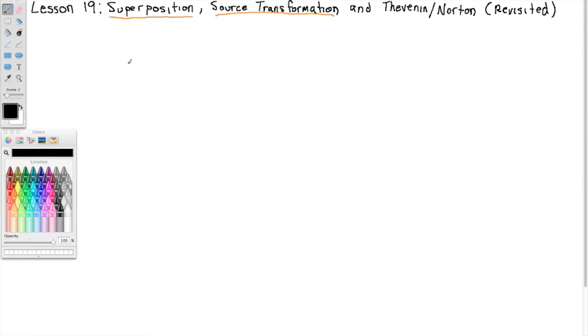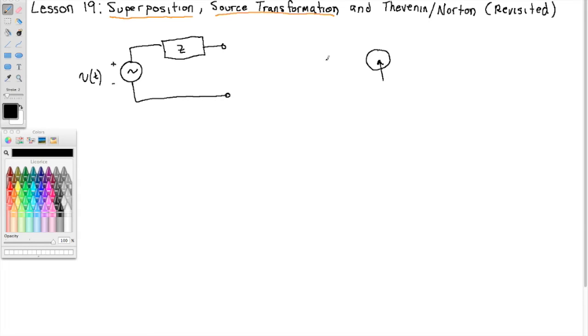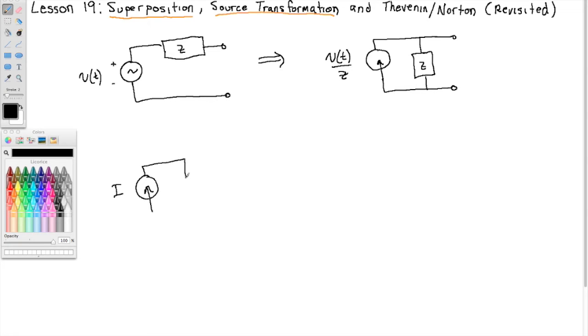So if I have this picture, this basic building block of our circuits, I can instead draw this picture, but the current here is V of t over Z. So that transformation works.